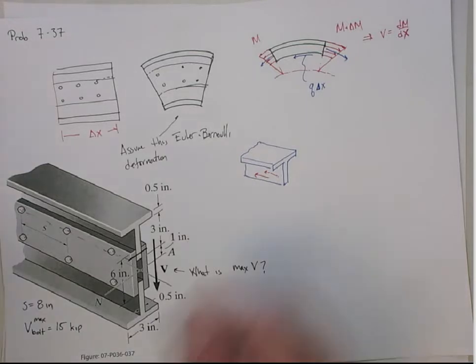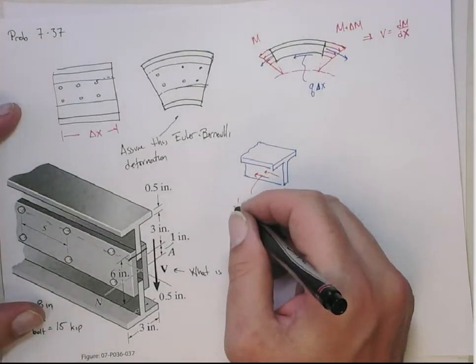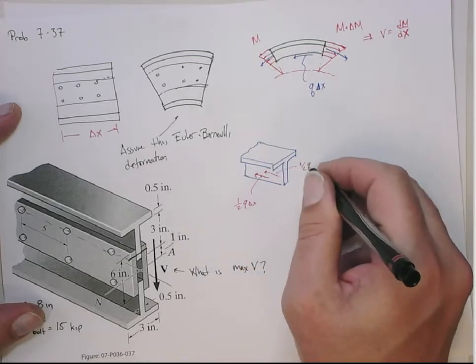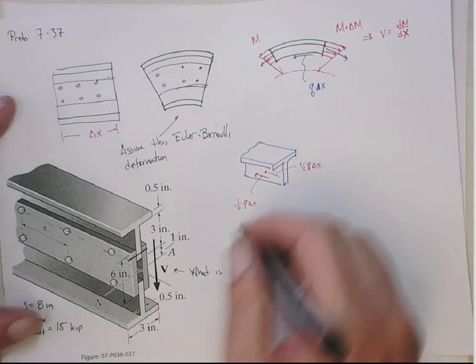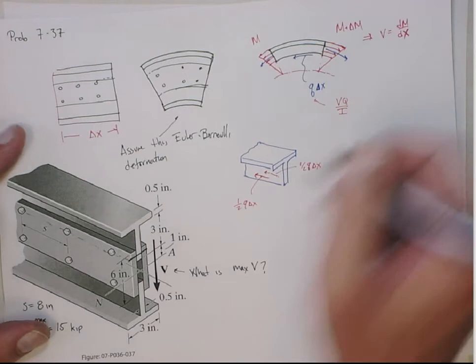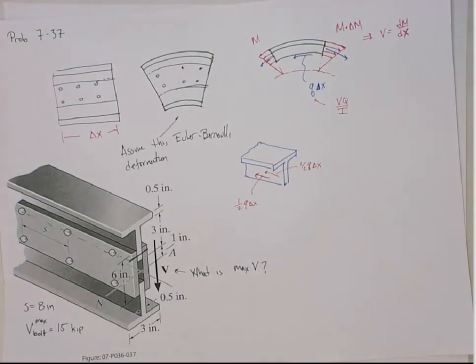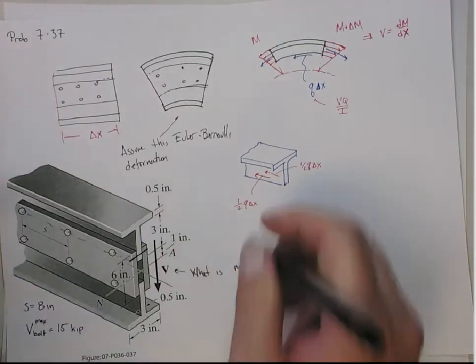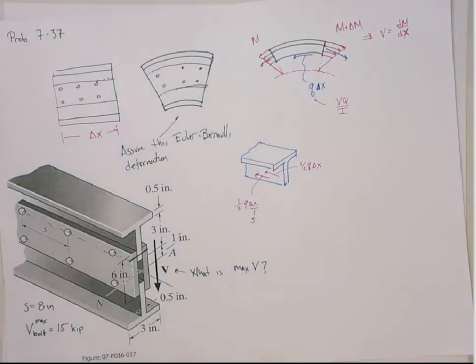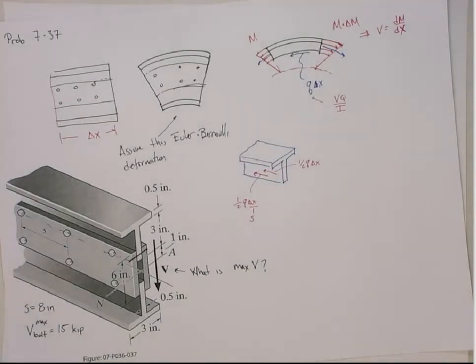So this is going to basically be the 1/2 Q delta X and 1/2 Q delta X. This is again the Q we get from the VQ on I, right? The shear flow Q. Okay, now that being said, in this case, delta X is going to be the bolt spacing, right? So this actually is going to be S. So the shear force in each bolt is going to be 1/2 of that Q, okay?